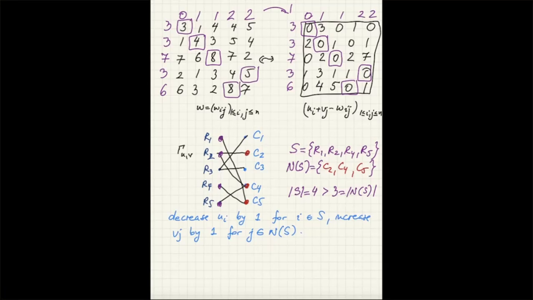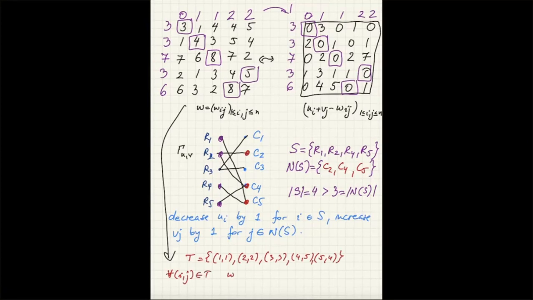So if we pick those entries and we pick them in the matrix here, here, and here, what we have is a transversal T, which consists of all these ordered pairs (1,1), (2,2), (3,3), (4,5), and (5,4), with the property that for any ij in T, the weight of ij actually equals u_i plus v_j.